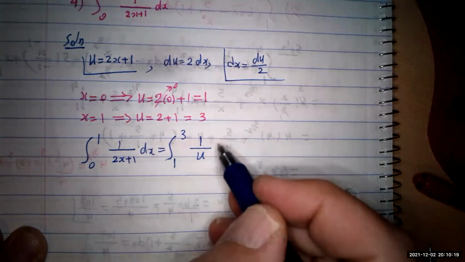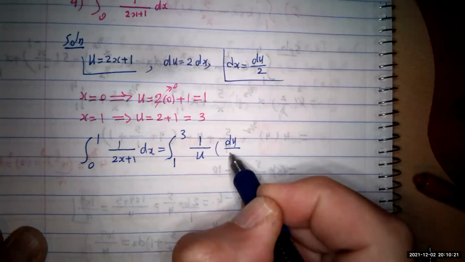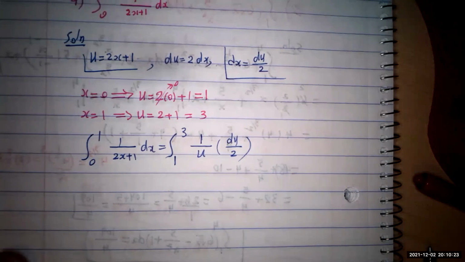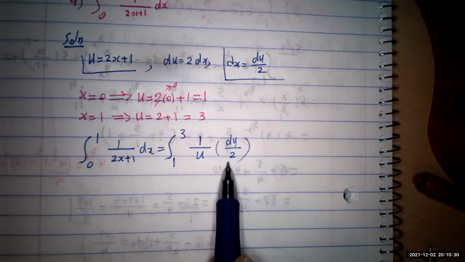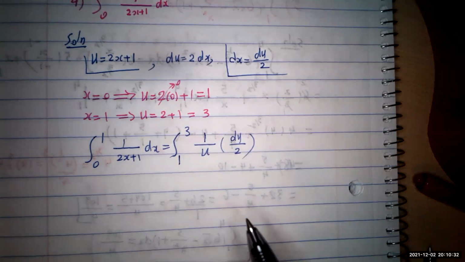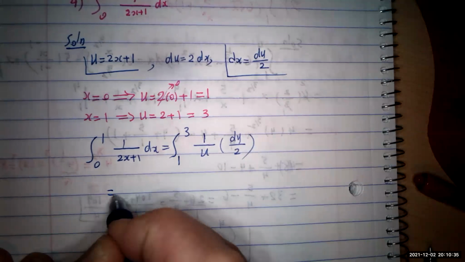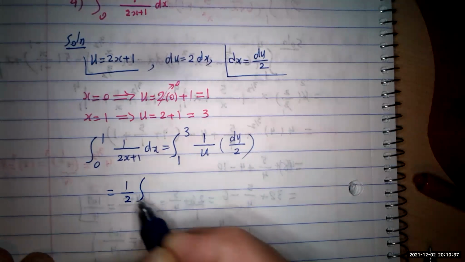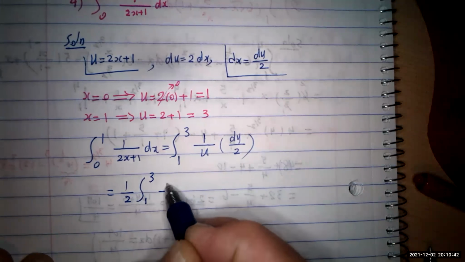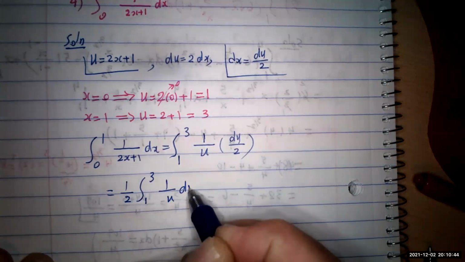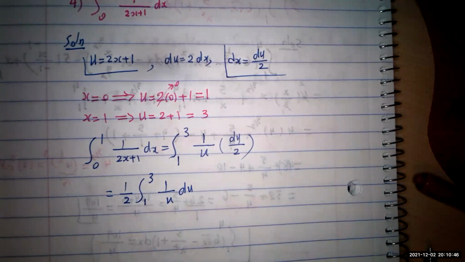Substitute for the dx would be du over 2. Remember, you are looking for the 1 over u. So the extra term that you have over here is going to be 1/2. We pull out the 1/2. So it's going to be 1/2 integral from 1 to 3, 1 over u du, as we predicted. Okay, we predicted for this type of problems.